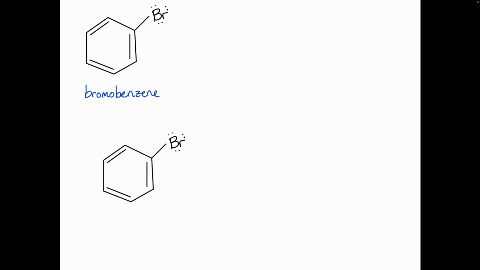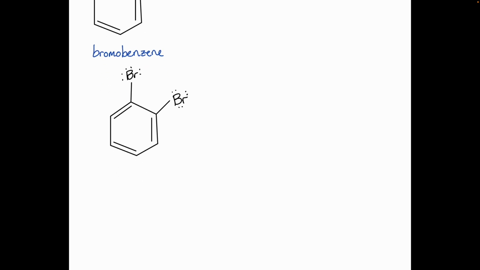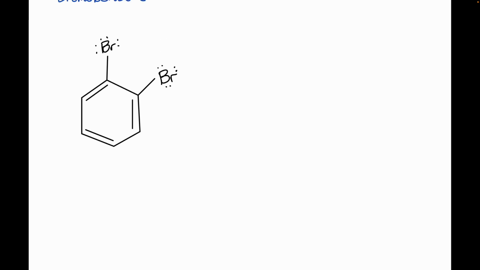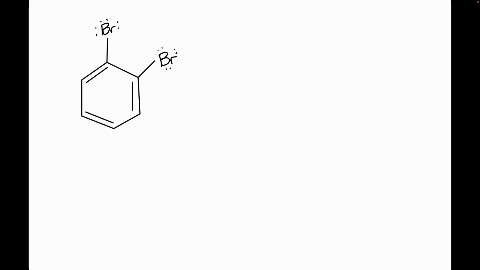So now let's take another example. And now we're going to put two substituents on there. All right, two bromine groups. And depending on where I put those two bromine groups, this molecule is going to have them all spaced out a little bit differently. They could either be right next door to one another.